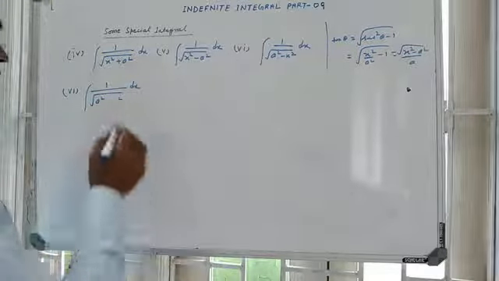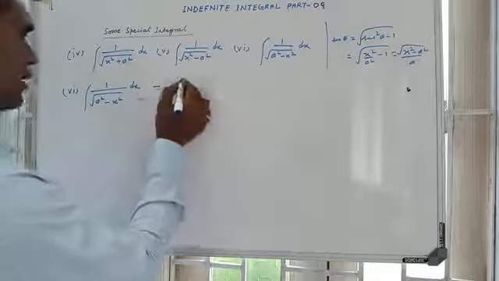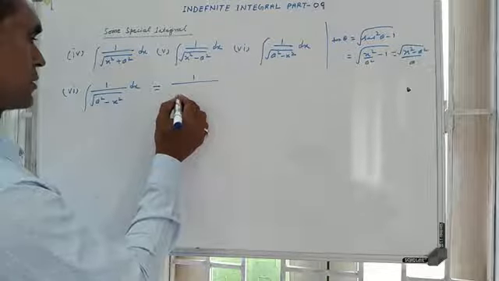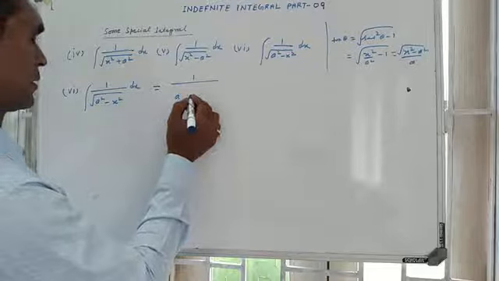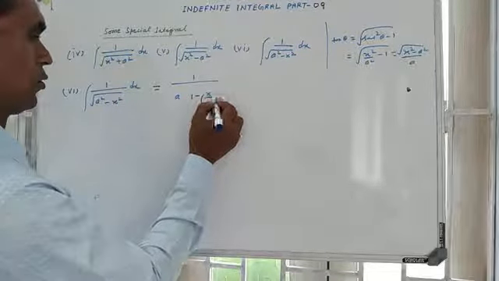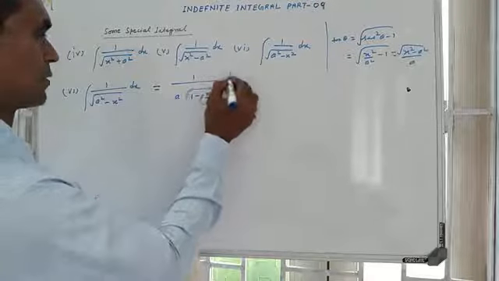So here you take a square common, that means a will be common, then root of 1 minus x by a whole square, dx.